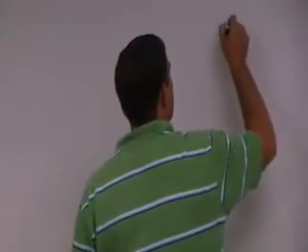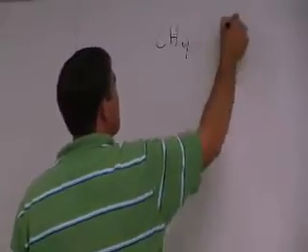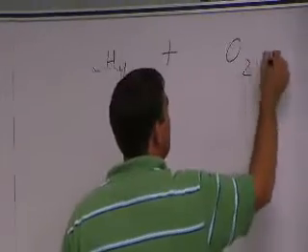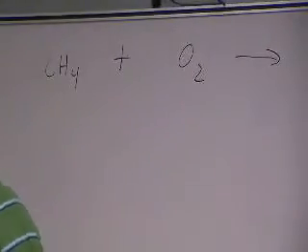Oxygen, most of the time. You can certainly burn something in a bromine or chlorine atmosphere, but most of the time it's in the presence of oxygen. For example, take something like methane, which is CH4, and burn that in the presence of oxygen.